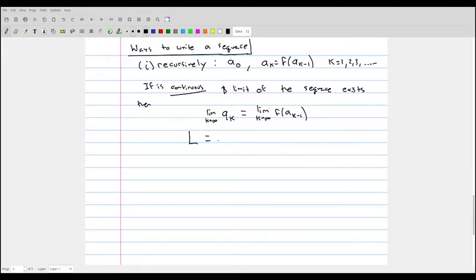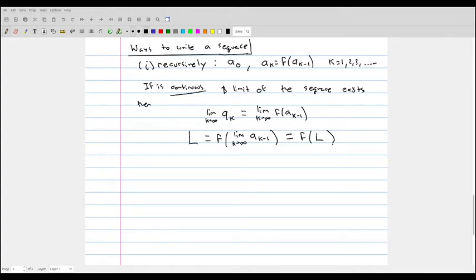Because f is a continuous function, the limit passes through this continuous function. And this becomes the function evaluated at whatever that limit is.